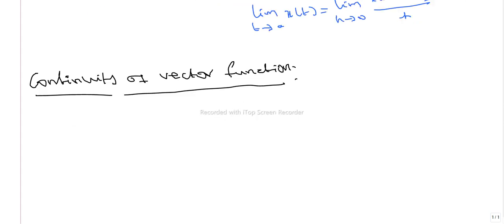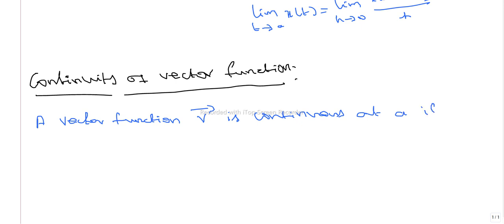Similarly here, we say a vector function r is continuous at the point a if the limit as t goes to a of r vector of t is r vector of a. If this happens, then we say the vector function r is continuous at the point a.